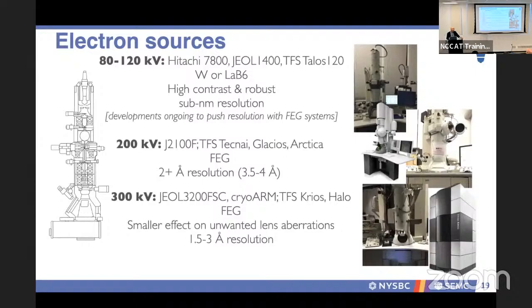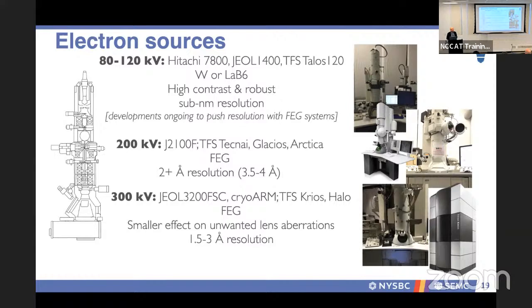The 300 keV microscopes have a lot more bells and whistles. For example, the Titan Krios has a third condenser lens. Some systems have a mini condenser lens that allows you to have a better parallel range. And also it has a lot of additional features. For example, in our lenses, they're constant power, so there's less hysteresis. All in all, what that ends up being is that it reduces a lot of aberrations.